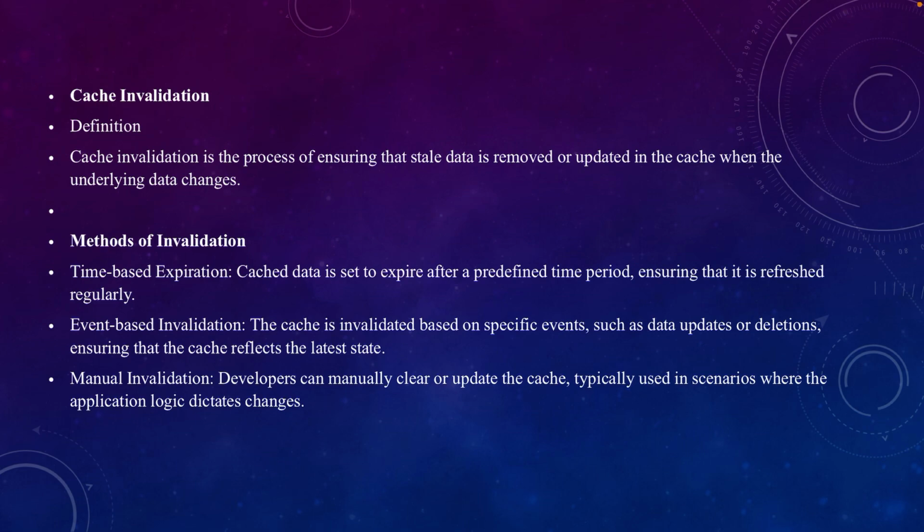And the last one is manual invalidation, where developers can manually clear or update the cache, typically used in scenarios where the application logic dictates changes.